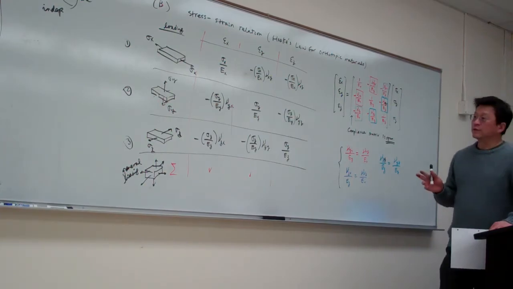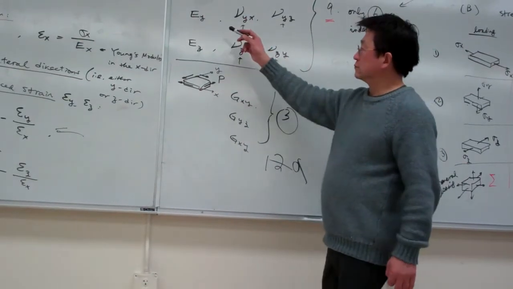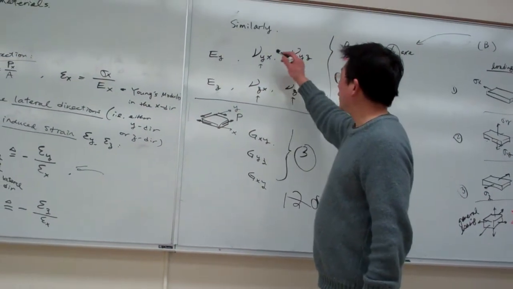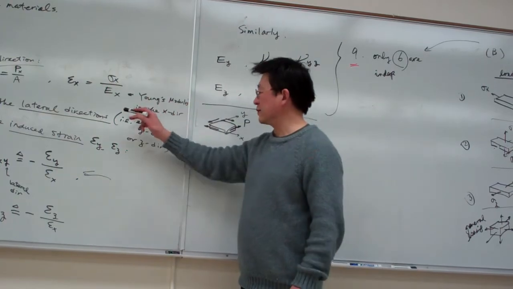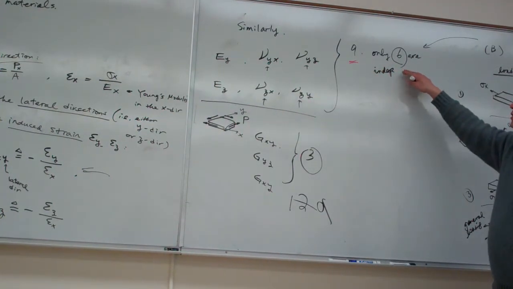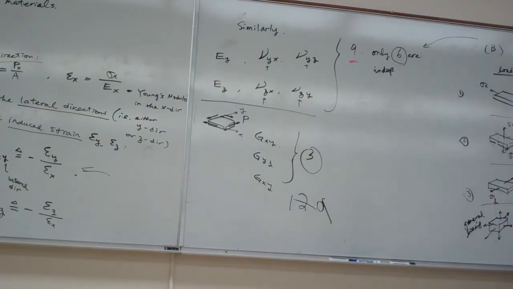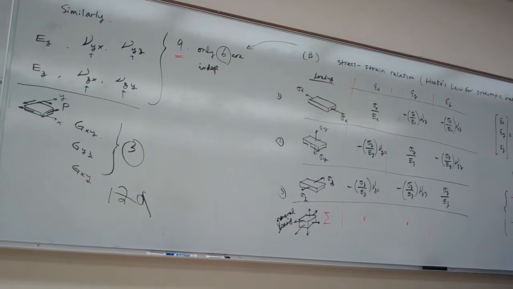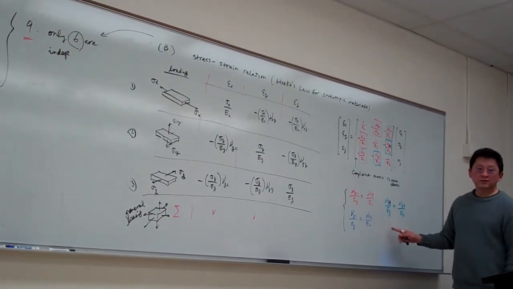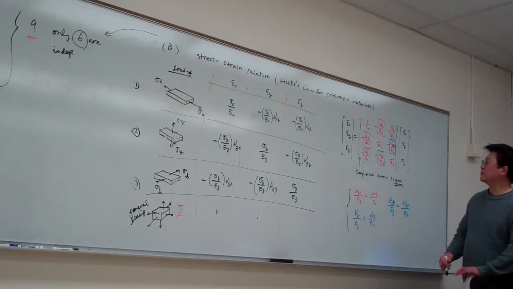Sometimes people will give you only 6 of the 9 parameters, so you need to find the other 3. You can utilize these equations.